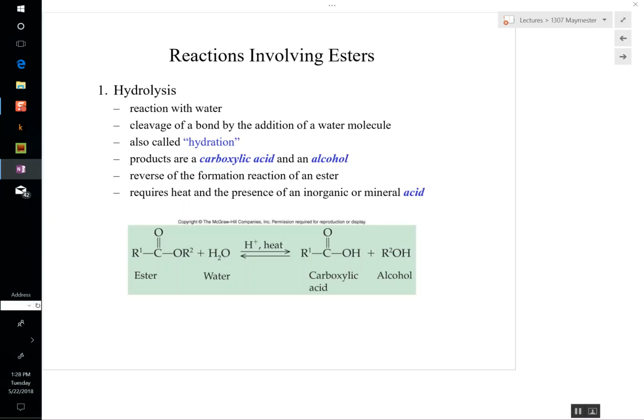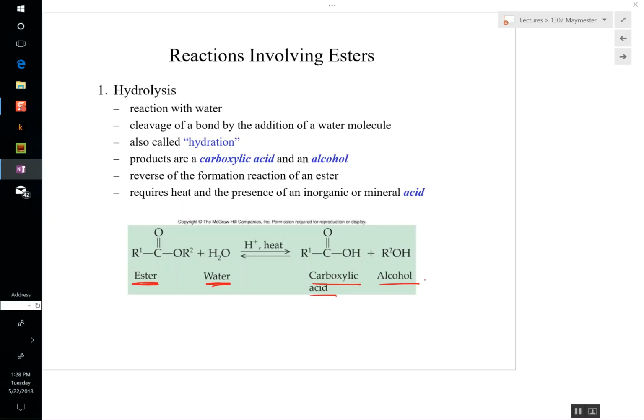So what goes in those blanks? An ester plus water is going to produce a carboxylic acid and an alcohol. Hydrolysis, what should come to mind is water.